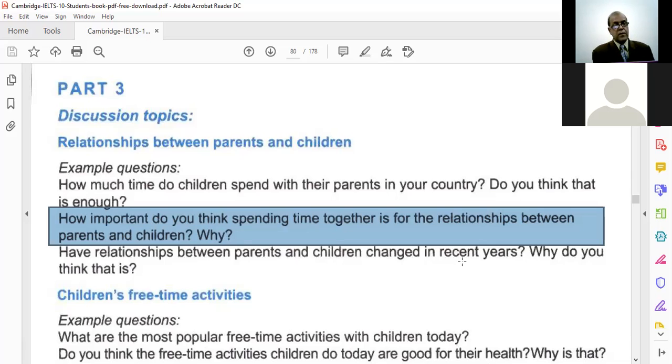Okay, how important do you think spending time together is for the relationship between parents and children? Is it really very important to keep our relations by giving company to one another? Yes, it is very important, because the parents have experienced life, and they have a lot of knowledge about practical life, and they have faced all the challenges.